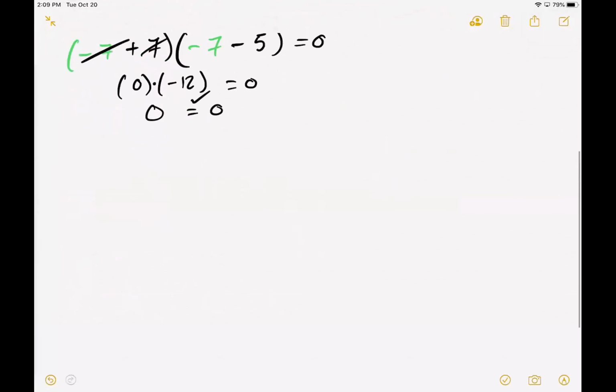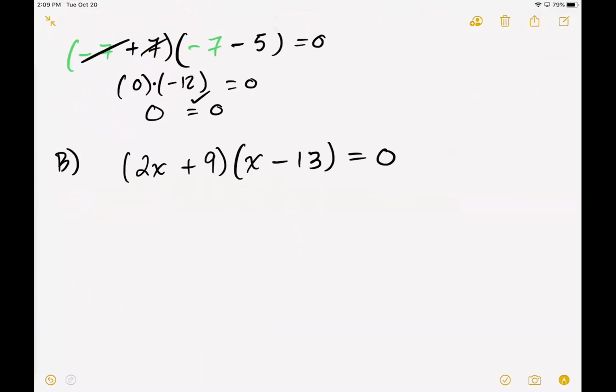This is the first time you see it. Some of you probably have a little bit of confusion in what to do. But let's say B: what we have is 2x plus 9 times x minus 13 equal to 0.